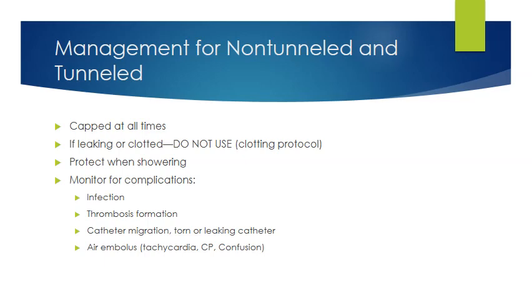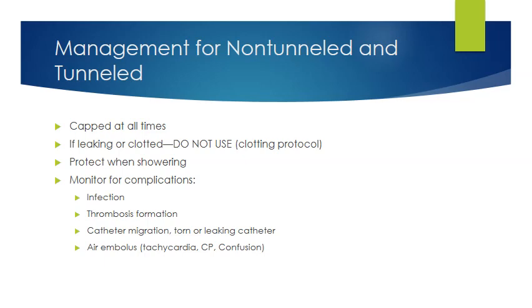You want to make sure that you're protecting the lines when they're in the shower, and you want to monitor for all complications. We've talked about infection. We know that a thrombus can occur. You want to make sure that you're watching for catheter migration. Is the catheter torn? Is it leaking? Making sure that it's not sheared off. And air embolus. I know that we've talked about air embolus a lot of times, but it's a big thing with central lines.